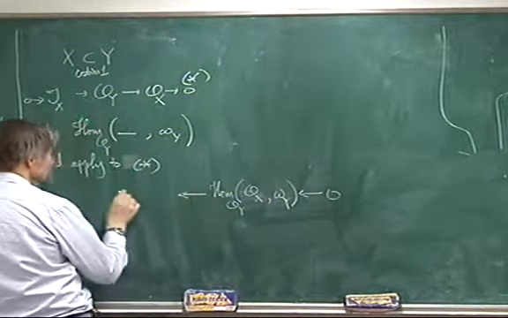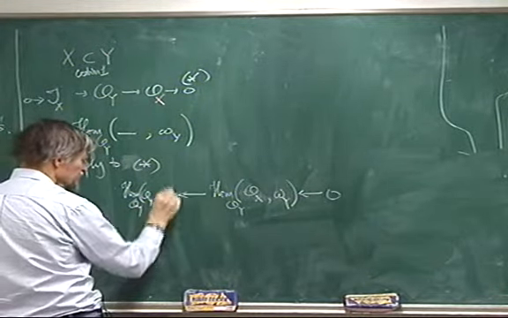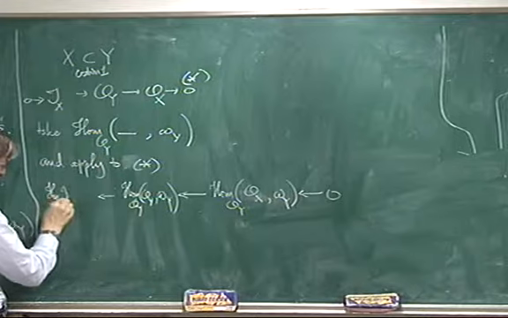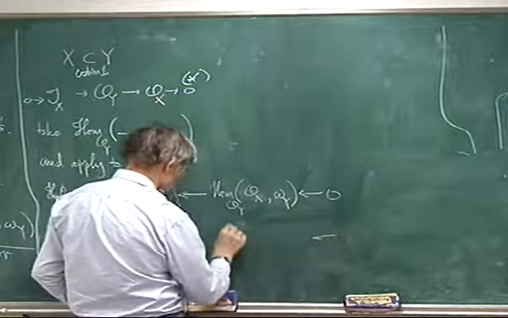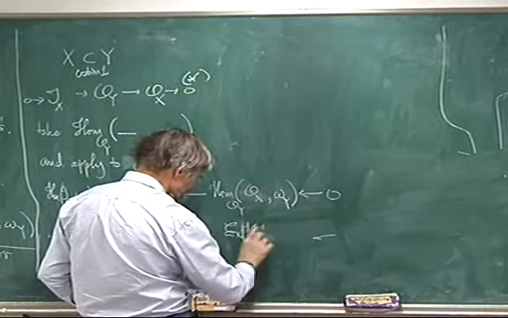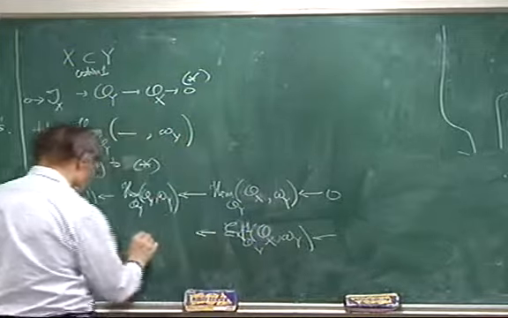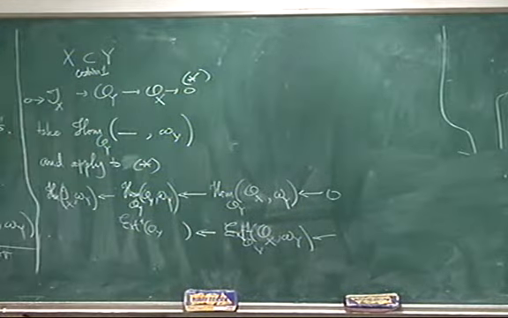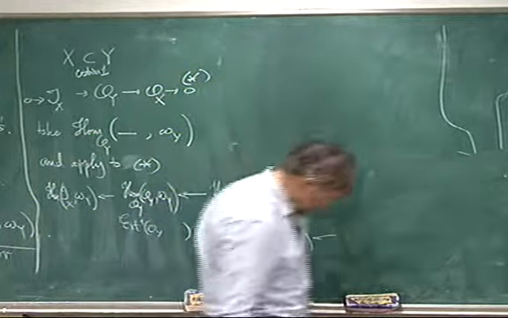Then this maps to Hom of O_Y into omega Y. Now it maps to Hom of the ideal I_X into omega Y, and then it continues on to Ext^1 of O_X into omega Y, and then it continues on to Ext^1 of O_Y.